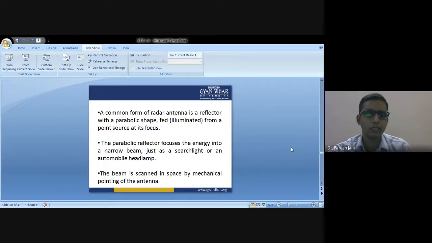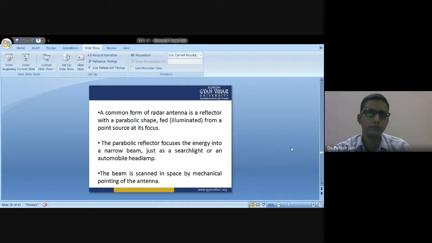So it has high gain, and it is a directive antenna. This is very beneficial for radar systems, and it works on the microwave frequencies.